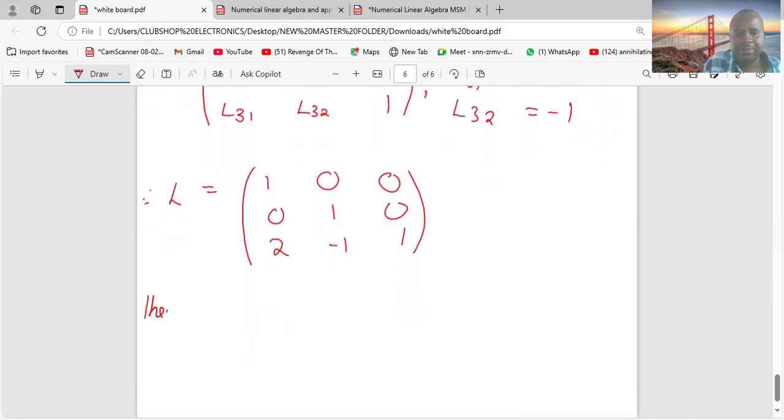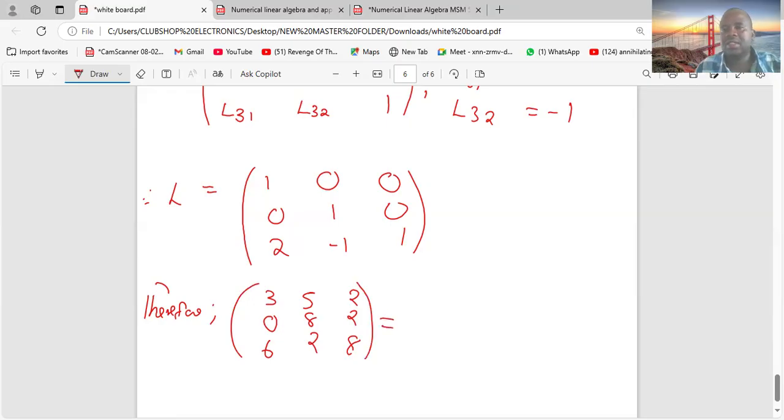Therefore, or hence, what do we have? We have our original matrix. Maybe I write it here. We have 3, 0, 6, 5, 8, 2, 2, 2, 8. We should express this as a product of the lower triangular matrix and the upper triangular matrix. So 1, 0, 2, 0, 1, negative 1, 0, 0, 1.